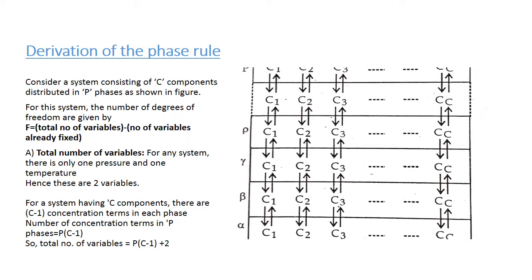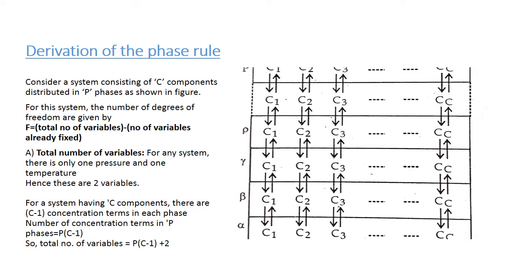To calculate the degree of freedom, the formula is F is equal to total number of variables minus number of variables already fixed. So if we want to calculate F, two values we must know. The first one is the total number of variables and another one is the number of variables already fixed.